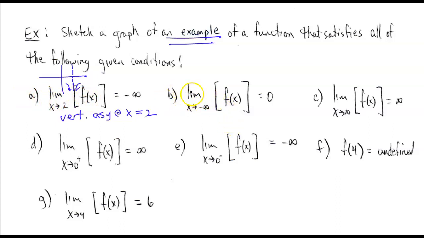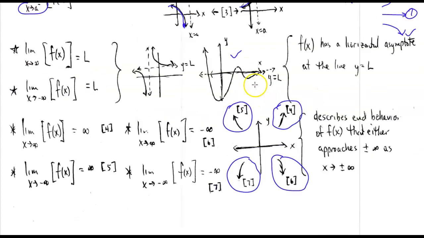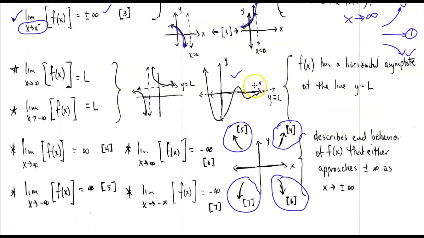If we look at property B, it's telling us that the behavior of this function as x approaches negative infinity is going to 0, meaning it's going to a real number. If we go back and look here, the limit of a function as x approaches negative infinity equals a real number, that is a horizontal asymptote.